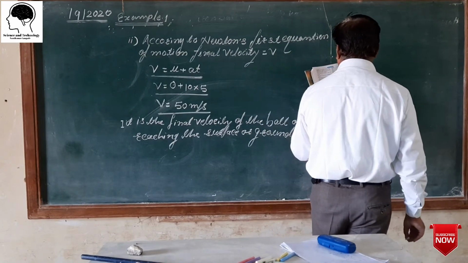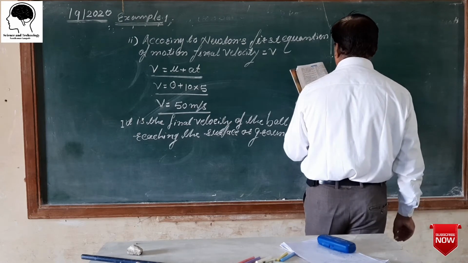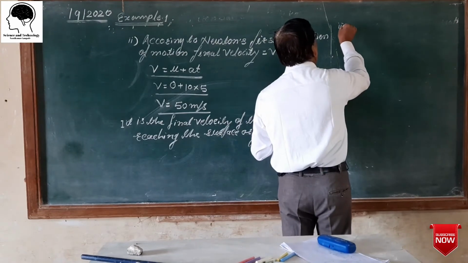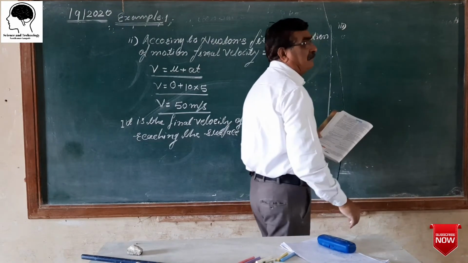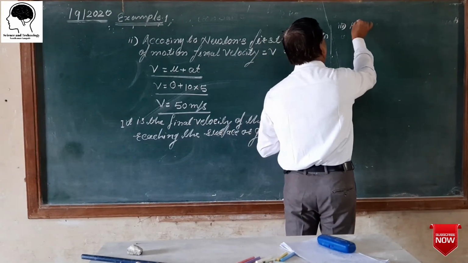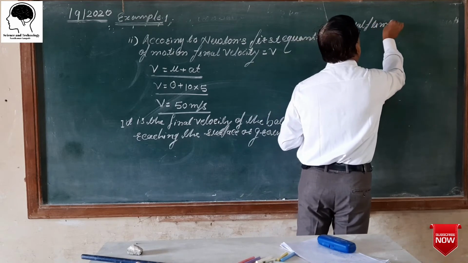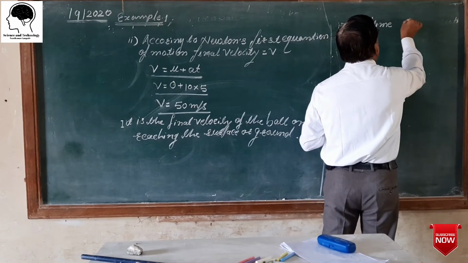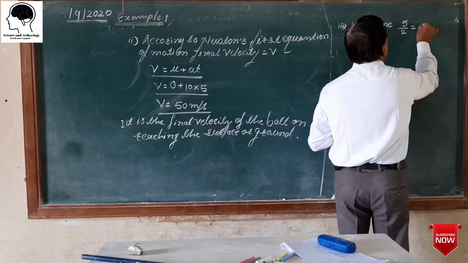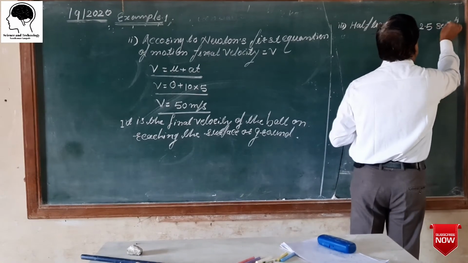Ball's height at time t, the velocity of the ball reaching half time. Just now I told you that it is 2.5 seconds. Half time is 5 upon 2, that is equal to 2.5 seconds.